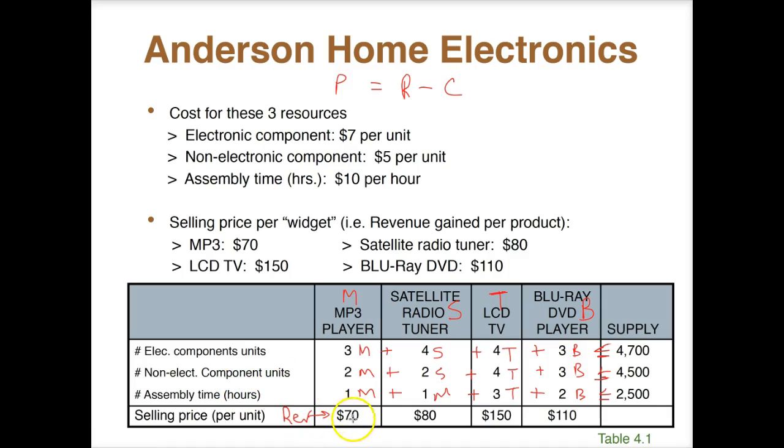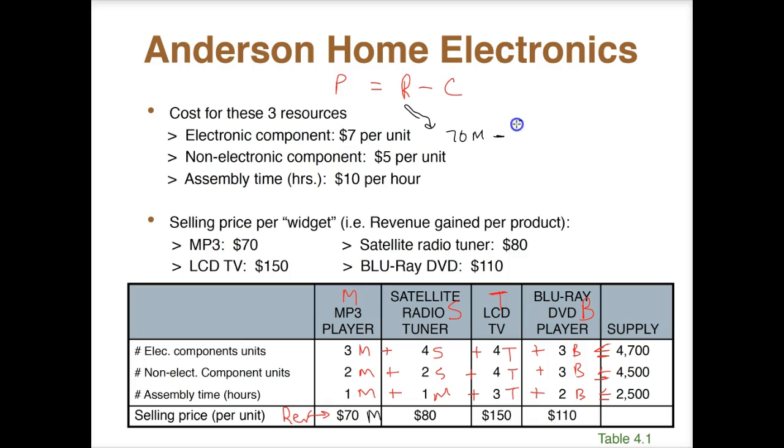Okay, so if I know that the selling price per unit is $70, then $70 times M is going to give me the actual amount of money that I'm going to make. So here my revenue will be 70M. So 70 times the number of MP3 players I actually sell.